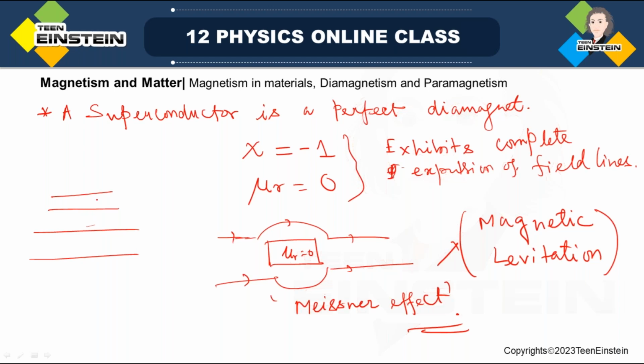Or I think it is just vice versa. So the bottom of the train will have a huge magnetic field, and the rails are made of superconducting material. When the superconducting materials are brought into the superconducting condition, the field lines will be expelled or repelled. Due to that, the huge train will be levitating in air, and they can move very fast. Those are called maglev trains.